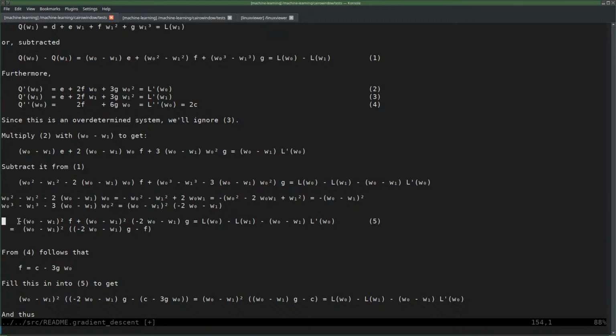So we get minus W0 minus W1 squared times F. And then we get plus, and then all of this is equal to this.